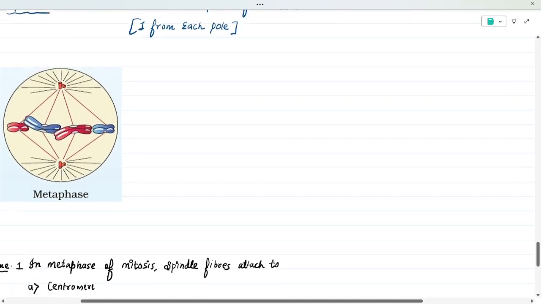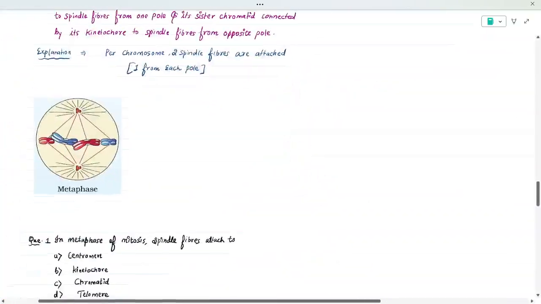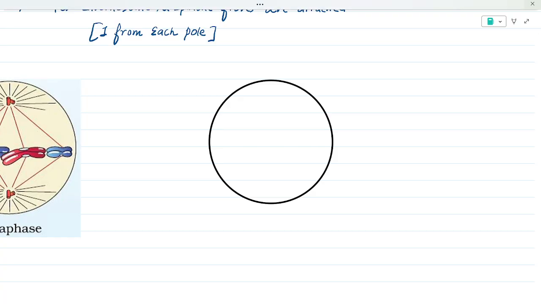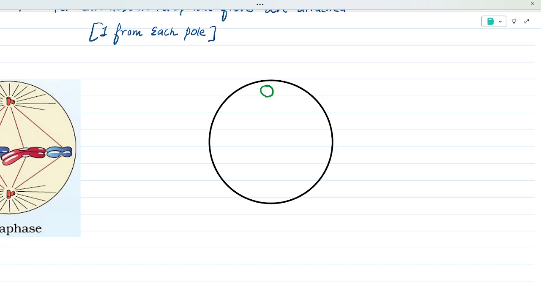This is the NCERT figure, I will explain it later. Here during metaphase what's going to happen? This is the centrosome having one pair of centrioles.